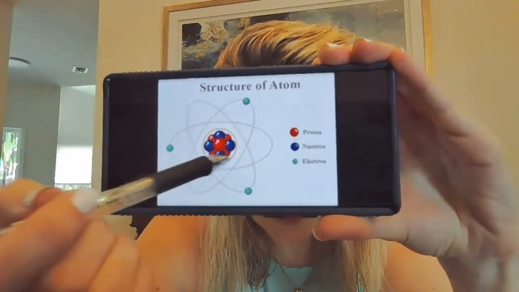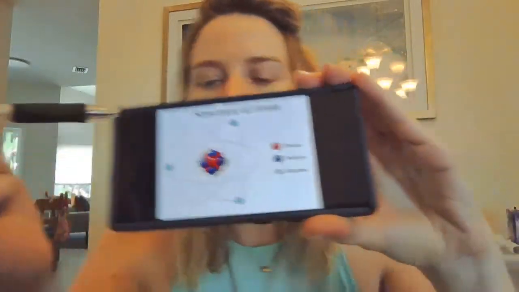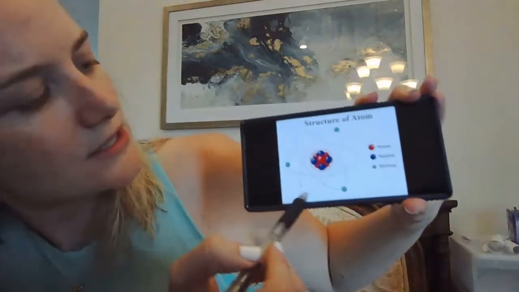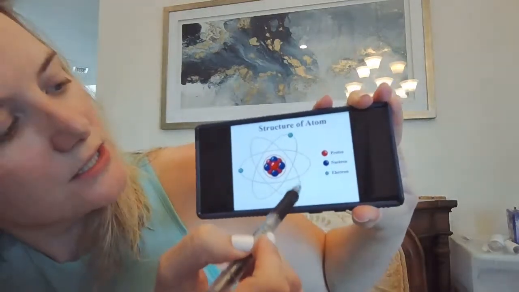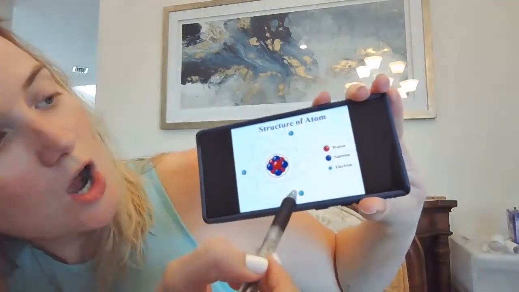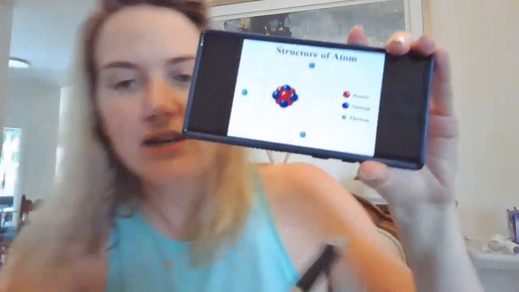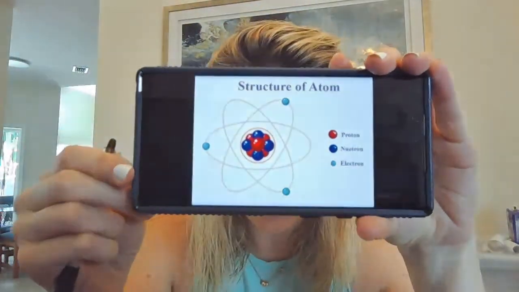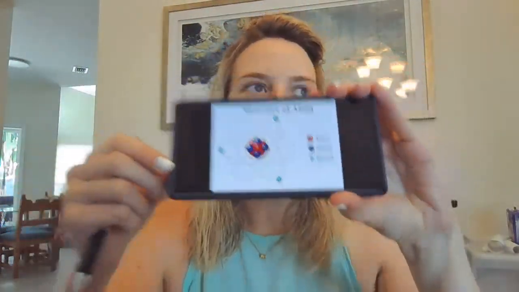So out here on the outside, here we go. This right here is the trajectory of your electrons. These have the negative charge, right? So really want to step out of negative is bad and positive is good.